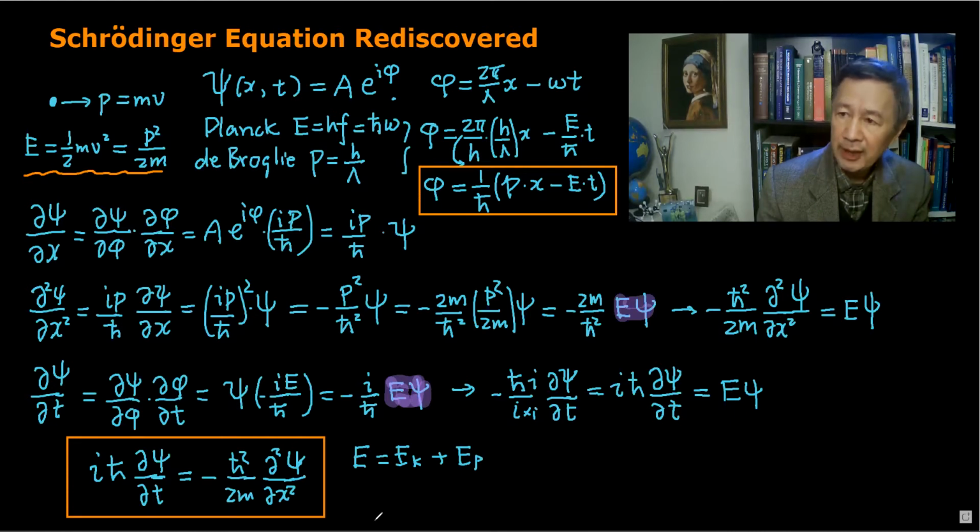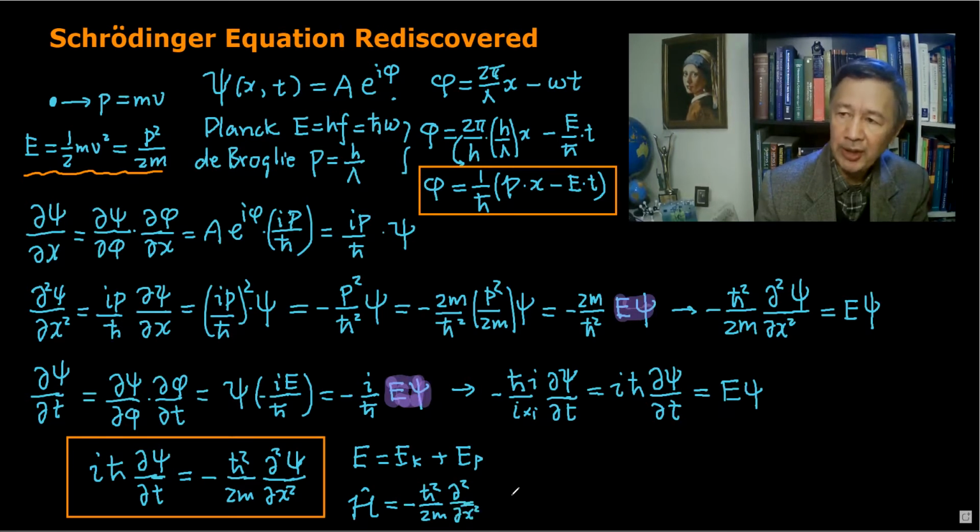If we use an operator notation, we prefer to use the Hamiltonian, which represents the total energy. The kinetic energy part will be equal to h bar squared divided by 2m, and the operator is the second derivative with respect to x squared.